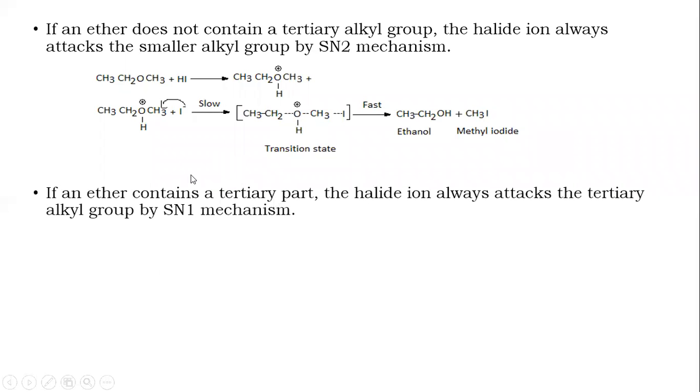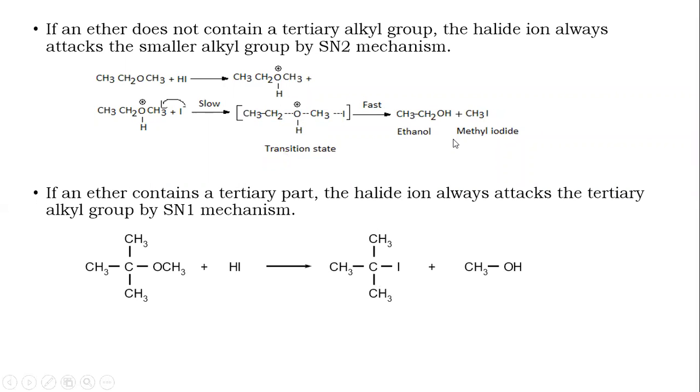Similarly, if the ether contains a tertiary alkyl group, the halide ion will attack the tertiary alkyl group by SN1 mechanism. For example, in the given reaction, the ether contains a tertiary alkyl group.